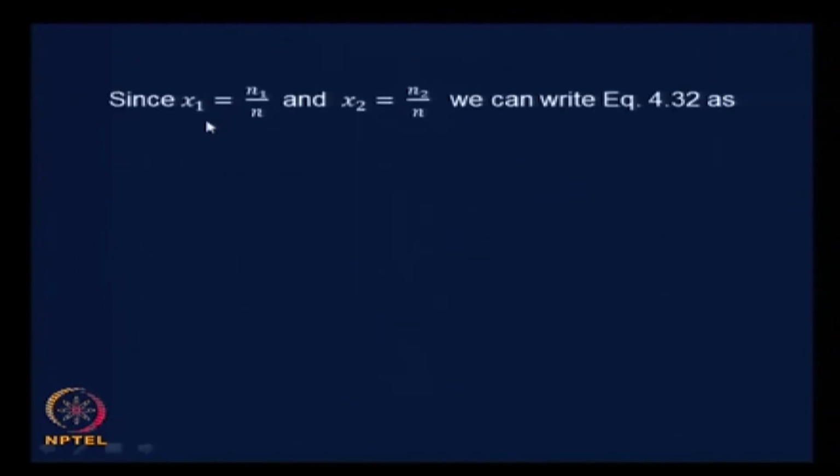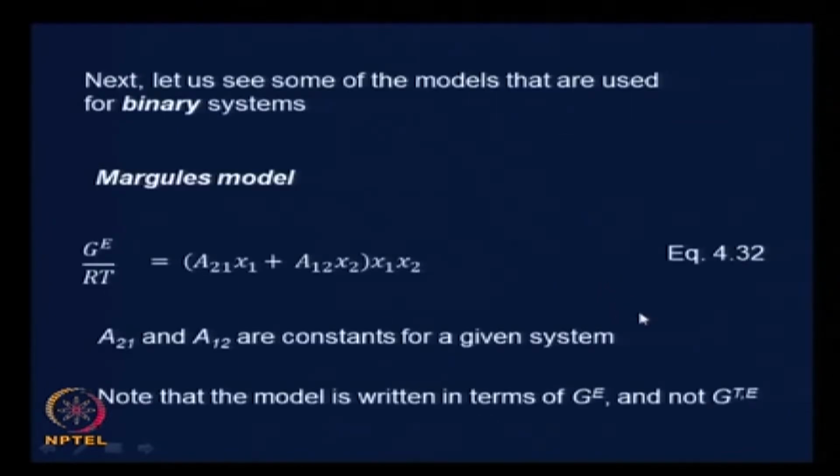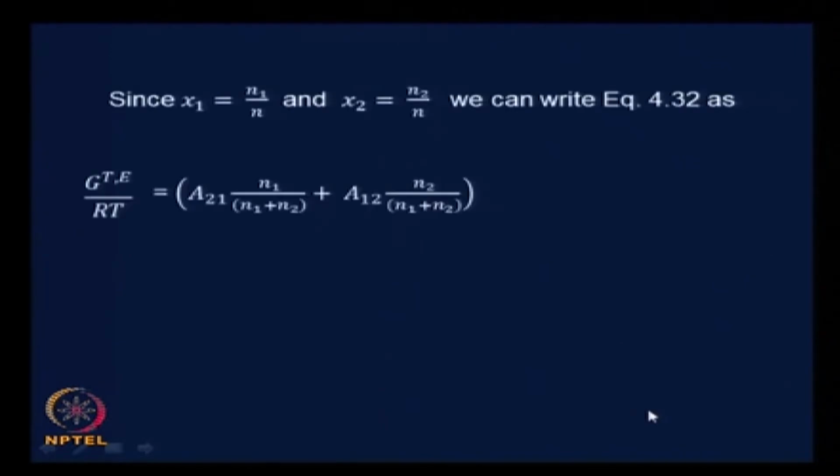Now, the definition of mole fraction is nothing but the number of moles divided by the total number of moles. Therefore, x1 is n1 by n and x2 equals n2 by n. We can write equation 432 in terms of n's. GTE by RT equals A21 n1 by n1 plus n2. We just have to replace x1 wherever x1 occurs by n1 by n and wherever x2 occurs by n2 by n.